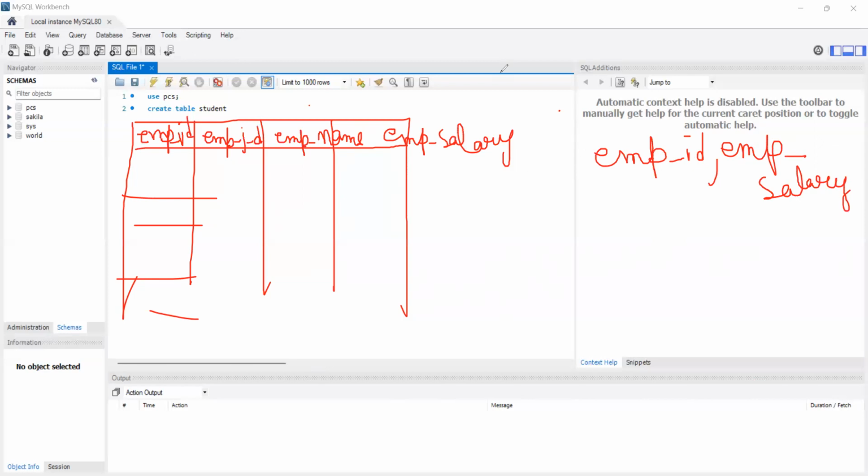Pooja Prajapati, can you hear me? Pooja, I am asking, I want to fetch only employee ID and employee salary from the table.